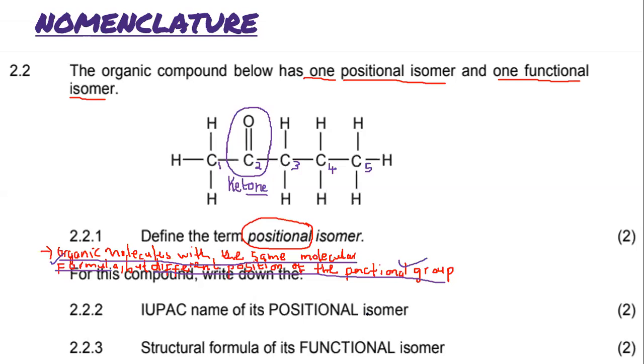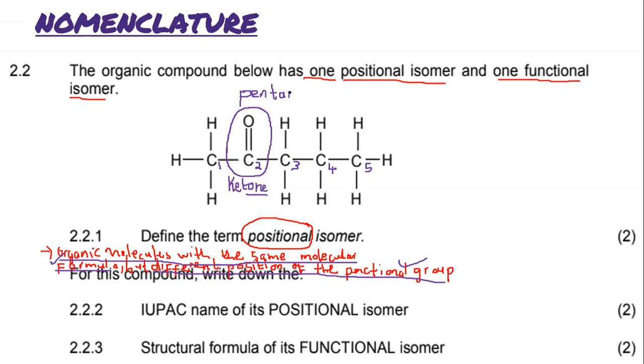Now, my dear learners, how do we give a name to this one? I look for the parent chain, the longest chain of carbon atoms without breaking. It's carbon 1, bonded to another carbon, no break, to another carbon, no breaking in the bond, another one, so it's 5. So it's a pentan altogether.